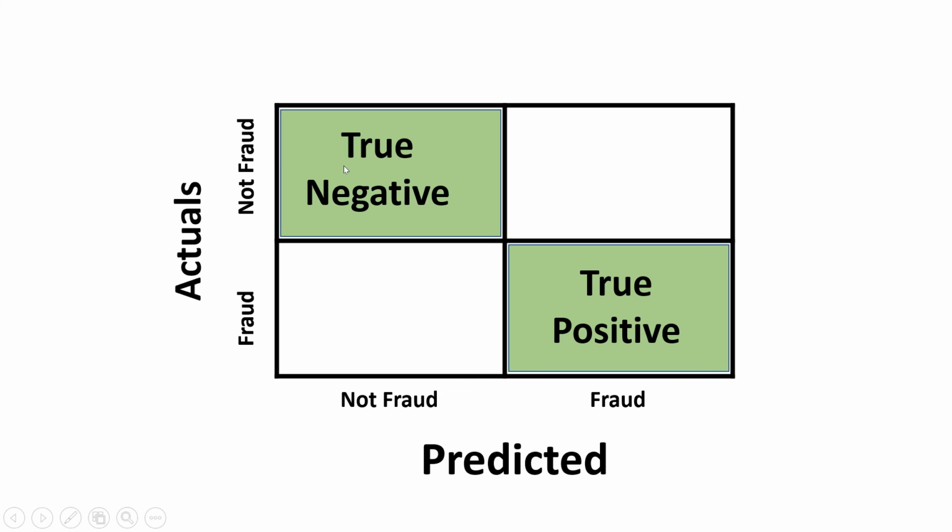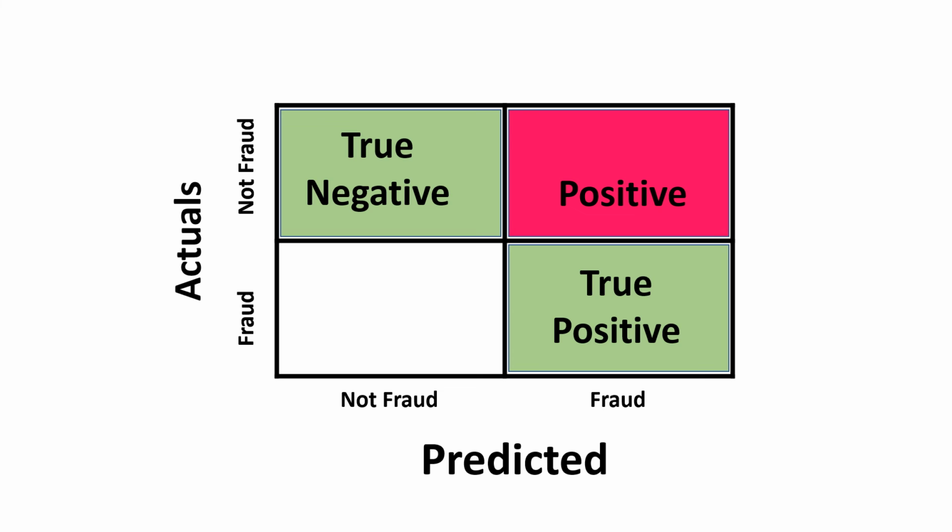Now on the flip side, let's have a look at this particular segment. Here our prediction is fraud, which means we are saying that it is positive, right? Positive means it is fraud. So our prediction is positive, but in reality that is not fraud. That means our positive prediction is false, and hence this kind of prediction is referred to as false positive.